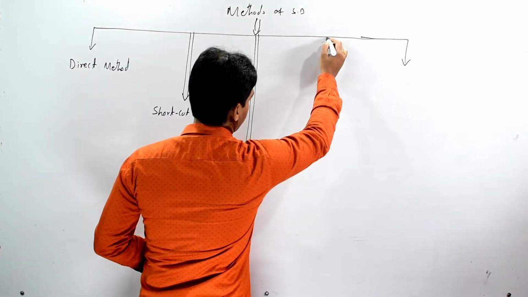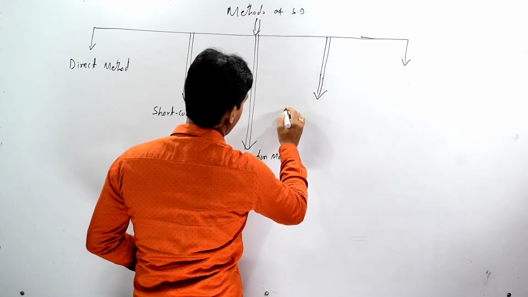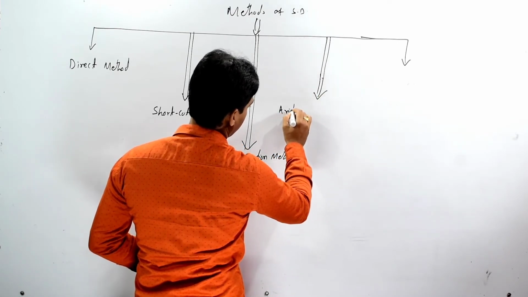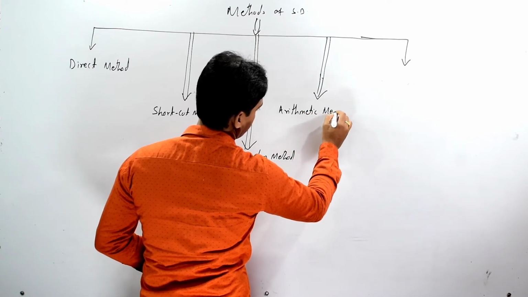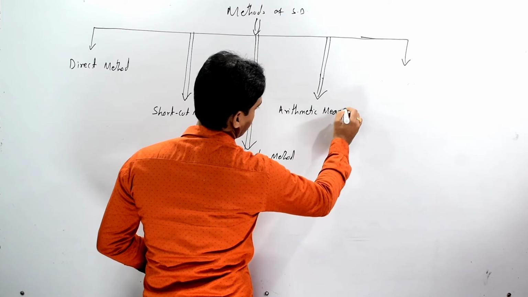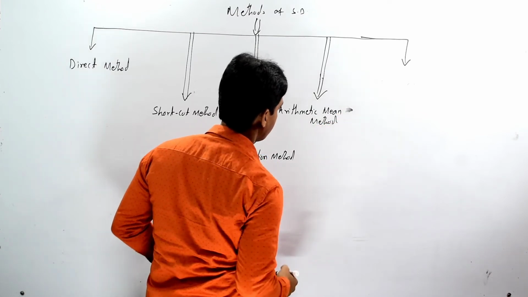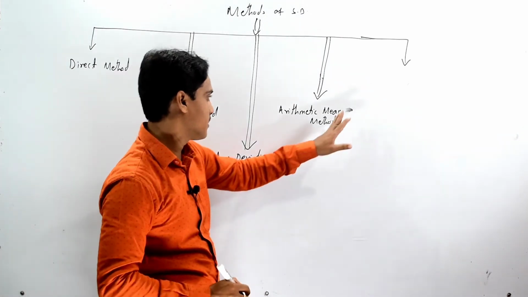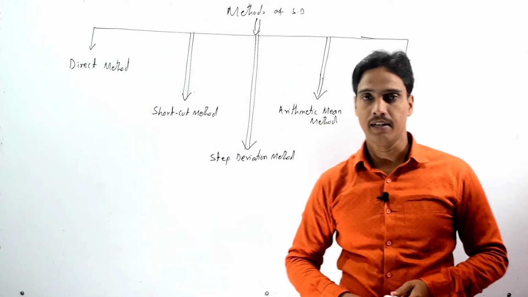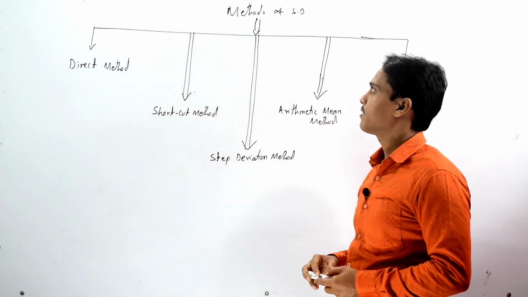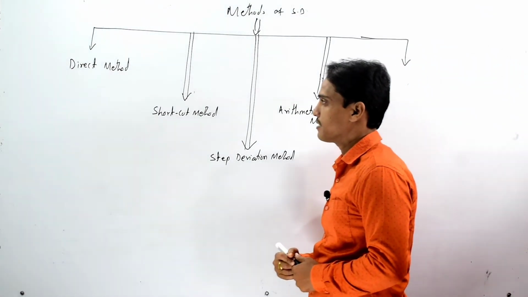And the next one is the arithmetic mean method, where the deviations of the variables taken from the arithmetic mean are used for computing our standard deviation.